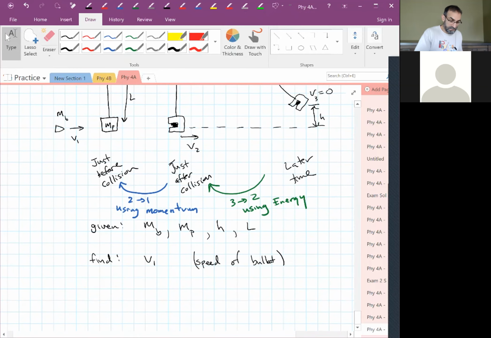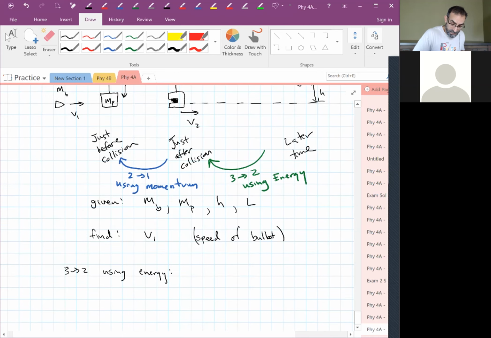So let's do it. We treat them as two objects that stick together. Okay, so we're going to go from 3 to 2 using energy.